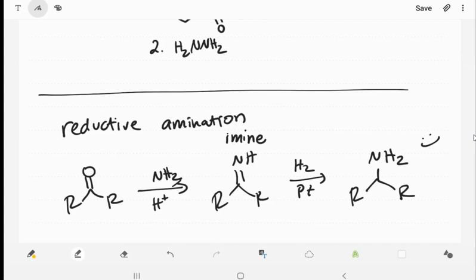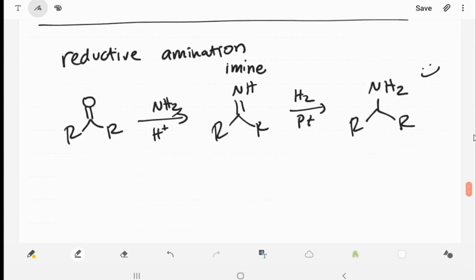And the beauty of this is there are other reducing agents that are used instead of hydrogen that are cheaper and a little bit easier to use. Because hydrogen gas is explosive, right? Platinum is pretty expensive. So we have other ways of doing that. One of the best ways to do it is using not NaBH4, but NaBH3CN.